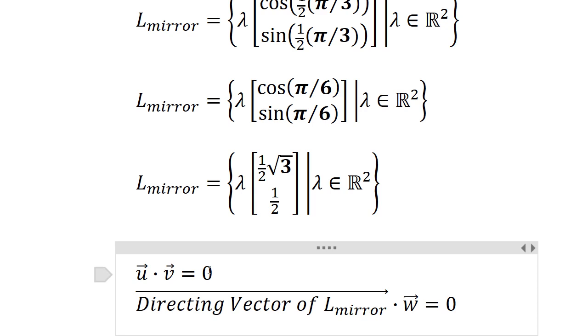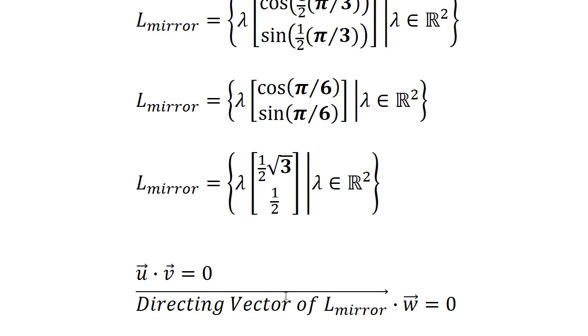Now, we know this equation here is true when U and V, these two vectors, are orthogonal. So if we find any directing vector of L mirror and we find the dot product of some vector W with it, and that equals 0, then we know that W is the orthogonal vector of L mirror.